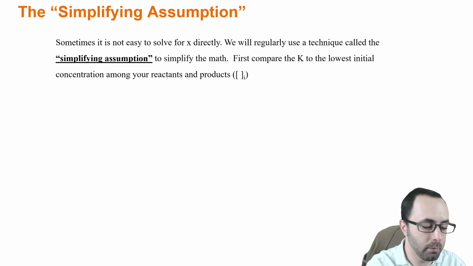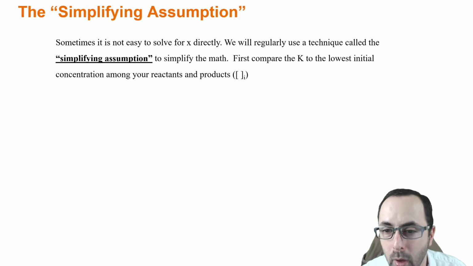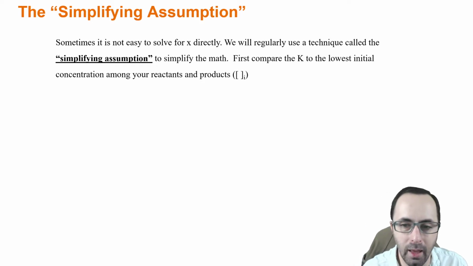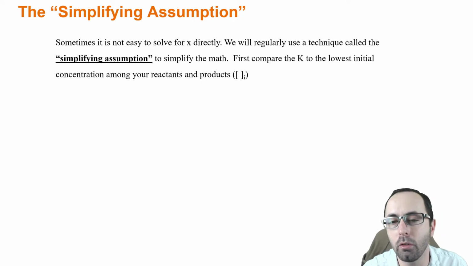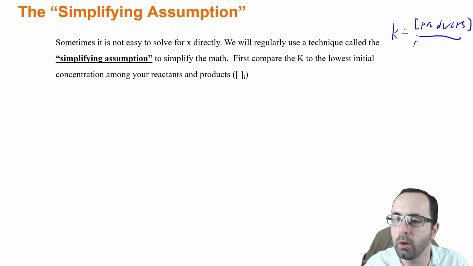So what we want to do is, our main goal is we're going to look at K and see how big K is compared to the concentrations that we're originally starting with. So you guys know that K is essentially product concentrations over reactant concentrations, just to state it very simply.